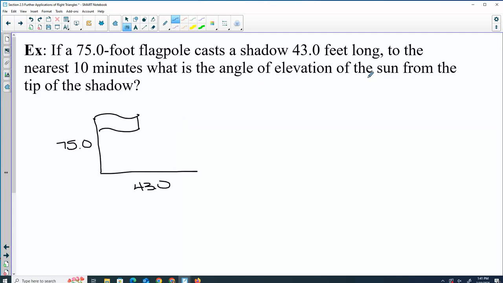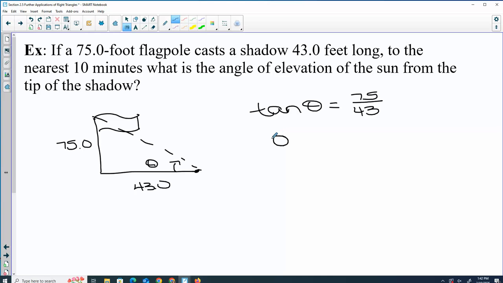To the nearest 10 minutes, what's the angle of elevation of the sun from the tip of the shadow? So from here, elevation is from the horizontal line up. So I'm just looking for this angle in my triangle. So what trig function would I use? Tangent equals my opposite side, 75 over my adjacent 43.